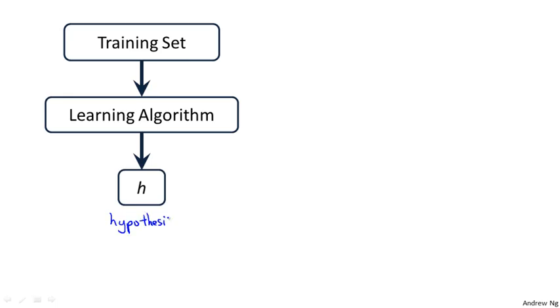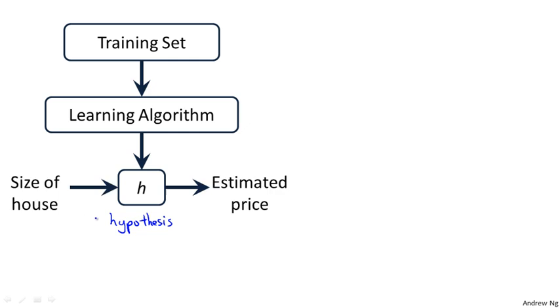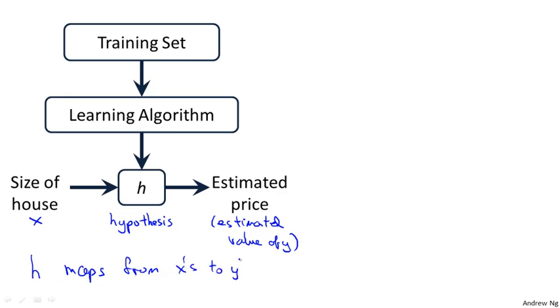The job of the hypothesis is a function that takes as input the size of a house, like maybe the size of a new house that your friend is trying to sell, so it takes in a new value of x, and it tries to output the estimated value of y for their corresponding house. So h is a function that maps from x's to y's.